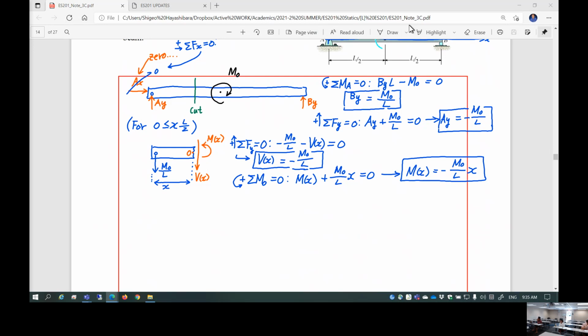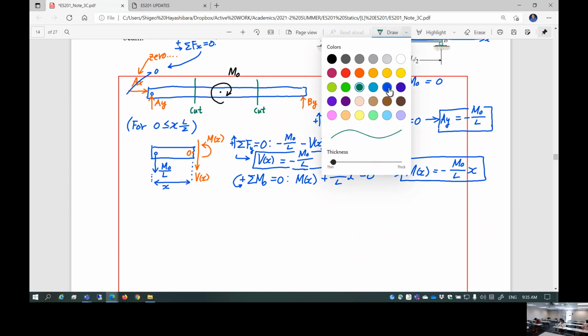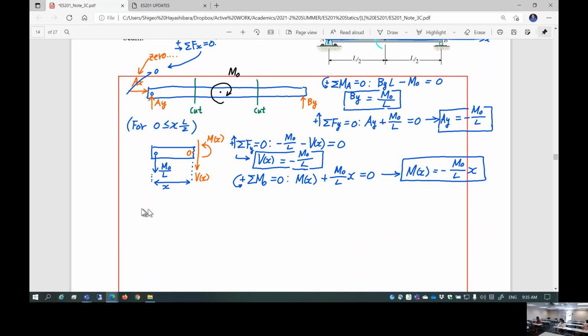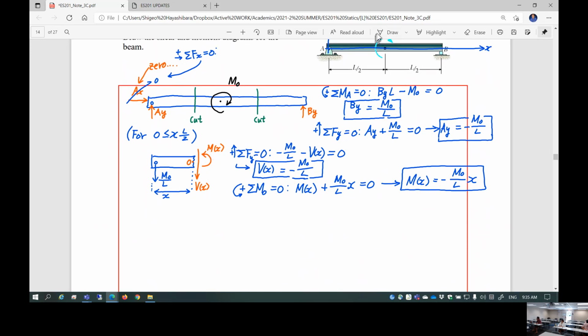I'm going to, of course, introduce another virtual cut right here. So this is in the range from half L to L. Let me just draw once again a different range.